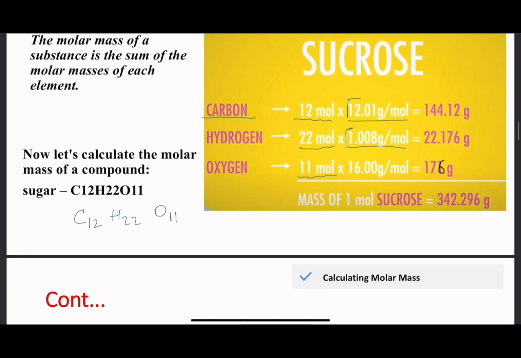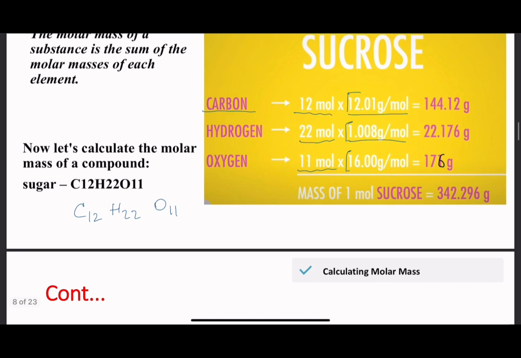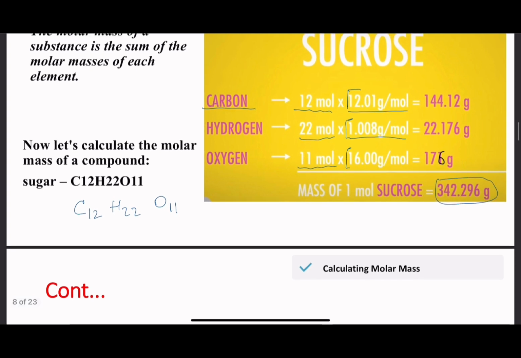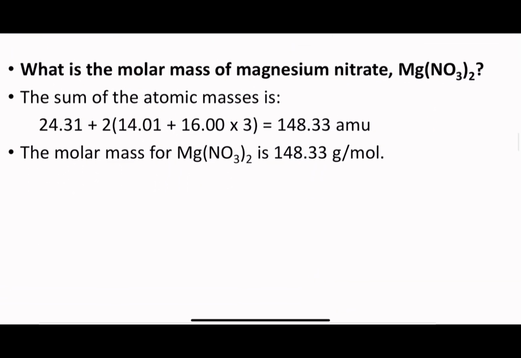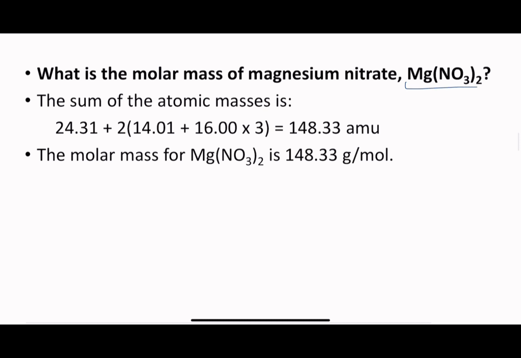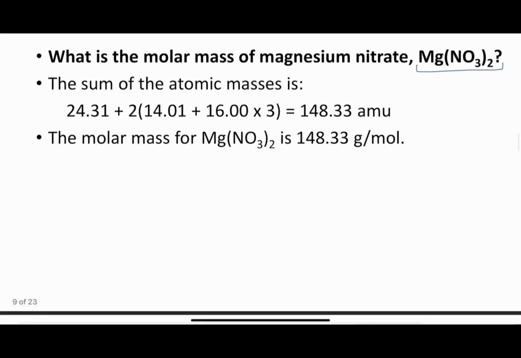Hydrogen has 1 if you check the periodic table, and oxygen is 16. You multiply them and you add them, you get the molar mass of sucrose, C12H22O11, which is 342.3 gram per mole.